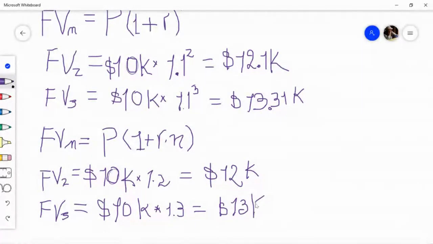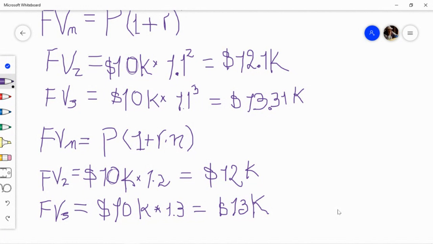So obviously, if you are an investor or saver, between the compound interest and simple interest, which one would you prefer? If you're the investor, which one would you prefer? Compound interest.